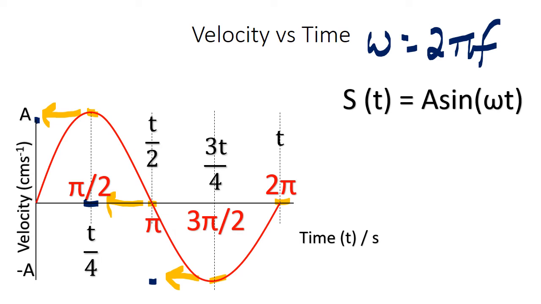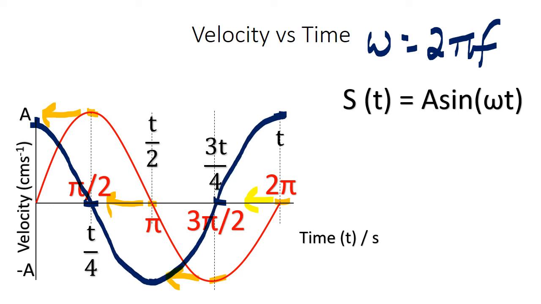That is going to occur at 3T/4 right here for velocity versus time. And then I can complete the cycle for velocity versus time by drawing the next point that would come back up to maximum amplitude. So you draw the points first and then you connect the points with a smooth curve. The graph will look like this.